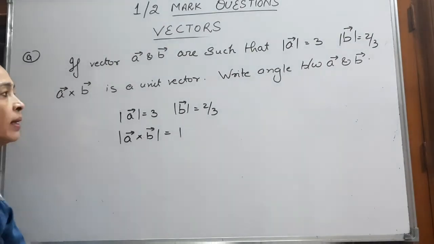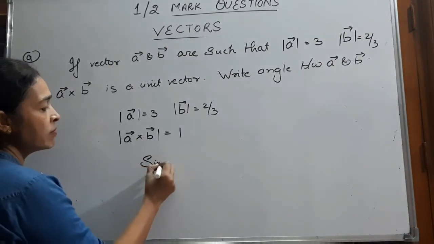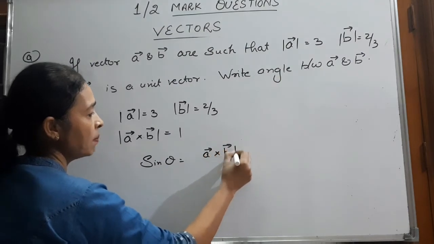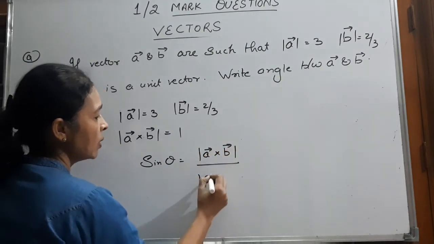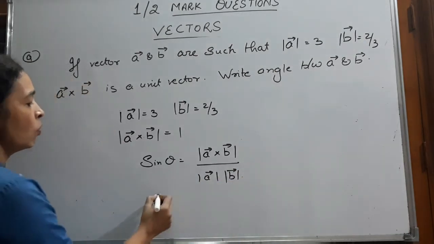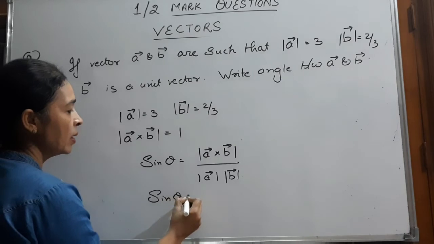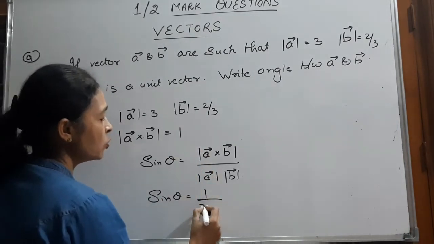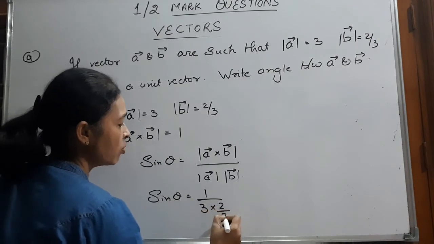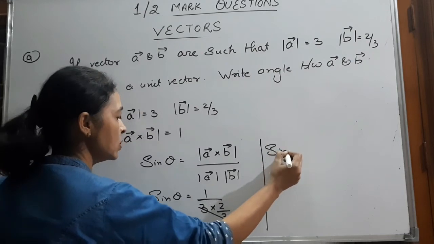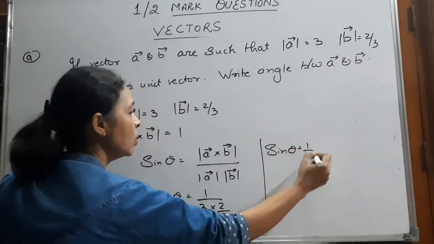We have to find the angle between A and B. We have sin theta equals the magnitude of A cross B upon the magnitude of A into the magnitude of B. What is sin theta? Magnitude of A cross B is 1 upon magnitude of A is 3 and magnitude of B is 2 by 3. We have sin theta is equal to 1 by 2.